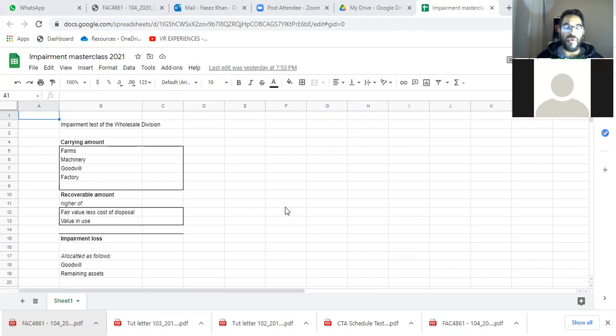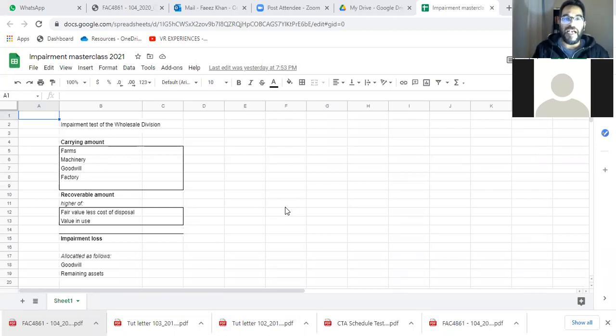Tonight we're going to plug in all the numbers in order to determine whether or not we have an impairment loss. Remember, the thinking is as follows. If there is an indication of impairment, then you have to perform an impairment test. The impairment test will be based on an individual asset.